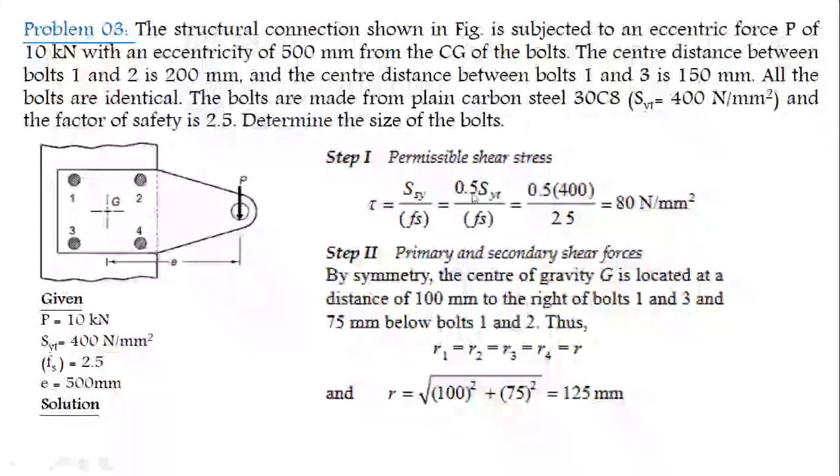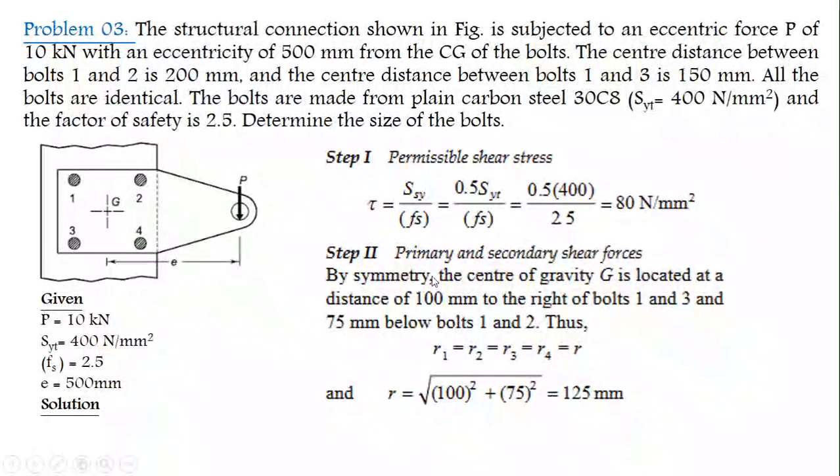So 0.5 times SYT divided by factor of safety. The yield strength value is 400 Newton per millimeter square. Applying it here, we get 80 Newton per millimeter square. Permissible shear stress is 80 Newton per millimeter square.